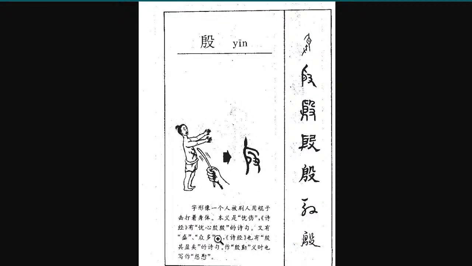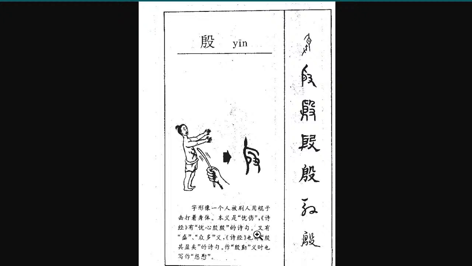So this one, you can see that this looks like a person who is being beaten. You see, that's the person, that's the butt, and here's the hand holding some kind of stick and beating it. So that's the original character.